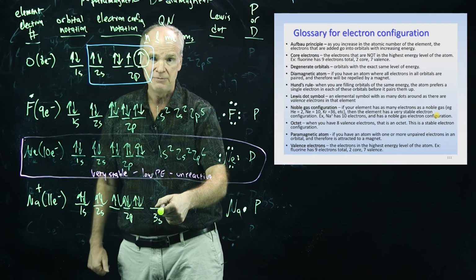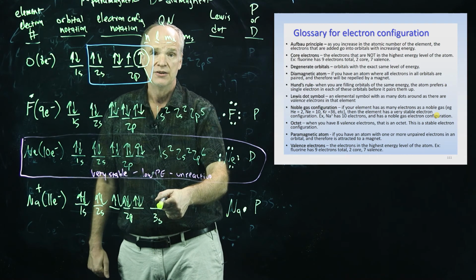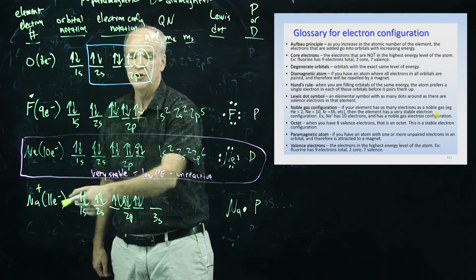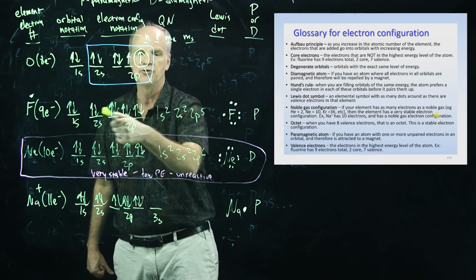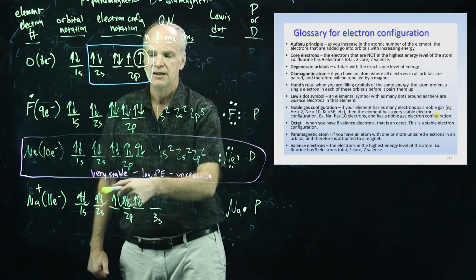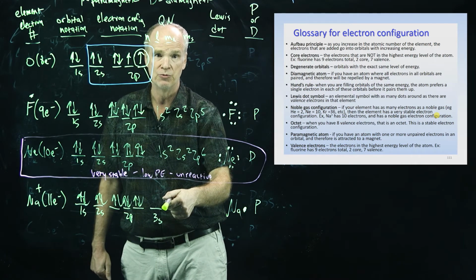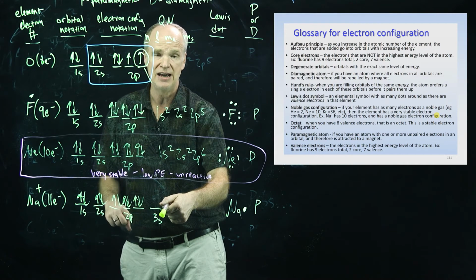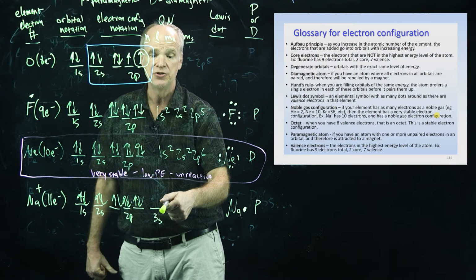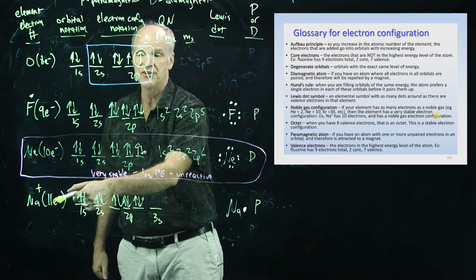So what will happen is when you form a compound between elemental sodium and chlorine, they probably will not want to stick together on their own because sodium has 11 electrons and fluorine has 9 electrons. But if sodium loses its 1 electron in its highest energy level, it goes down to 10 electrons and it becomes positively charged.